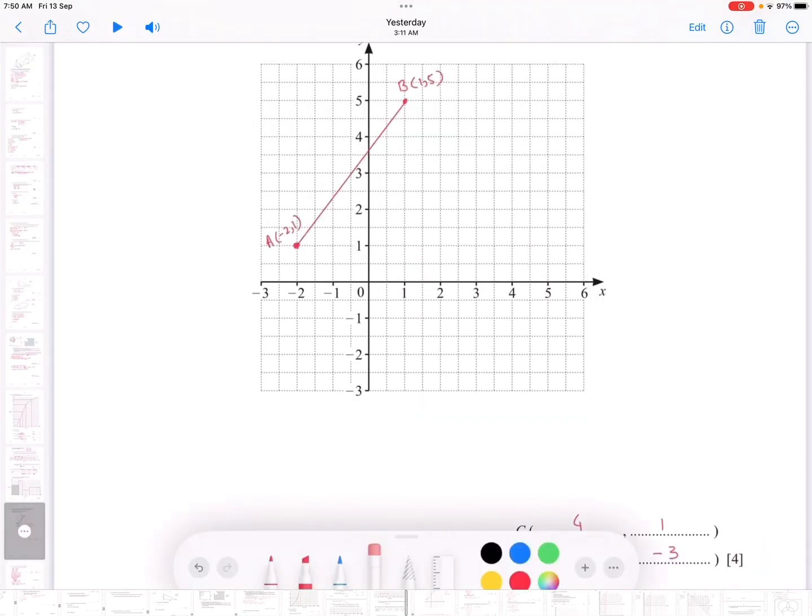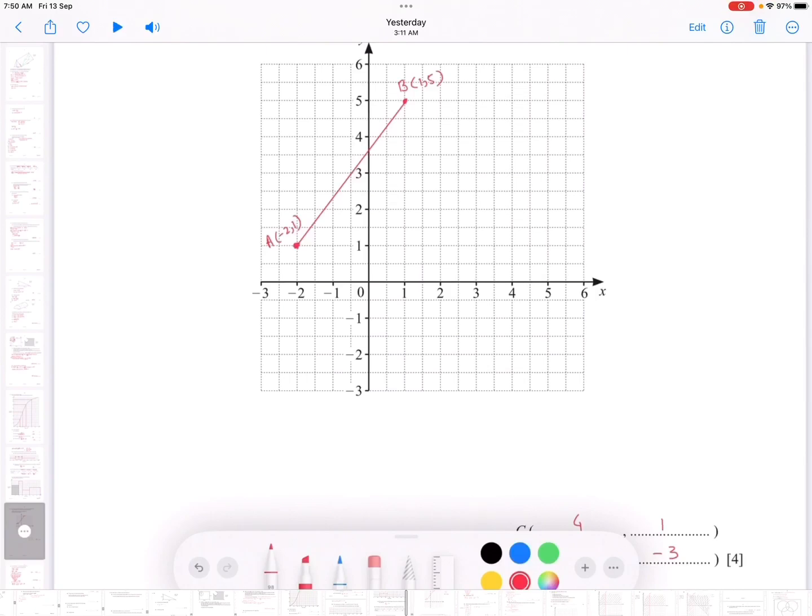Now count the blocks from A to the right on the x-axis: 1, 2, 3, 4, 5, 6 units, and then go up towards B: 1, 2, 3, 4, 5, 6, 7, 8. 6 units in the x direction and 8 units in the y direction.